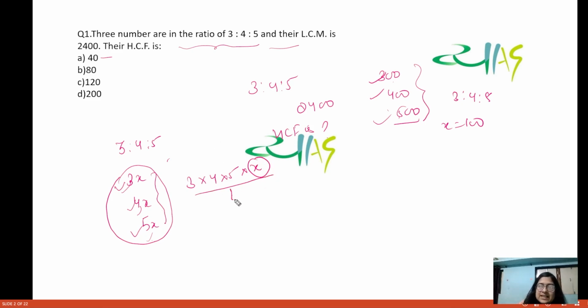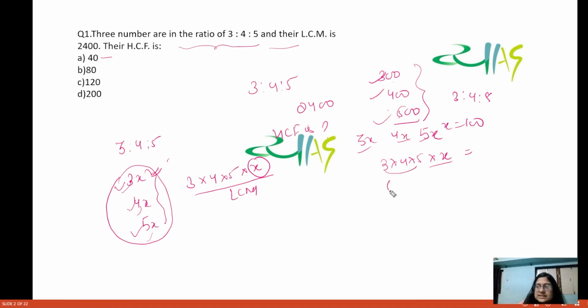So this is the least common multiple of these numbers. If you take the three numbers 3x, 4x and 5x and you want the least common multiple, what will you get? 3, 4, 5 you will take because these are co-prime numbers, and write x also because we don't know what x is. So this will be the LCM.